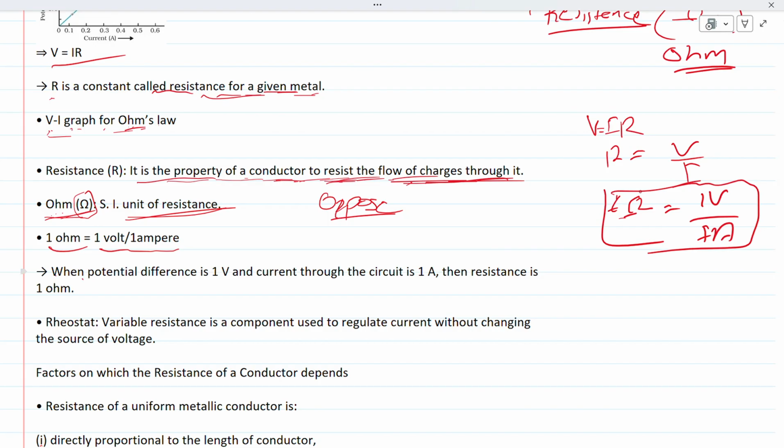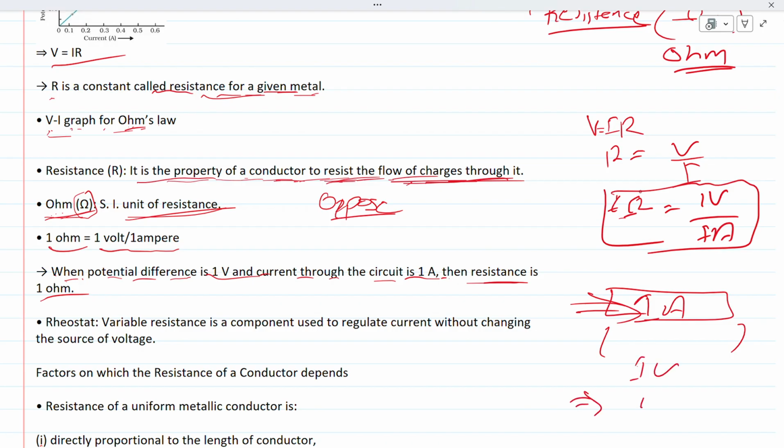When the potential difference is 1 volt and the current through the circuit is 1 ampere, then the resistance is called 1 ohm. In any particular conductor, if the current flowing through it is 1 ampere and the potential difference across it is 1 volt, then the resistance of the wire will be 1 ohm. That's clear? I think you all understand what resistance is.